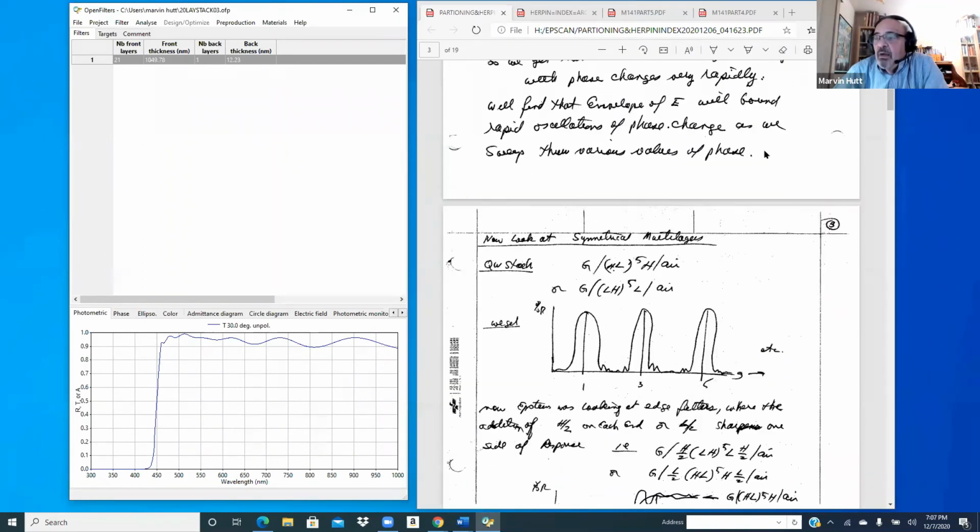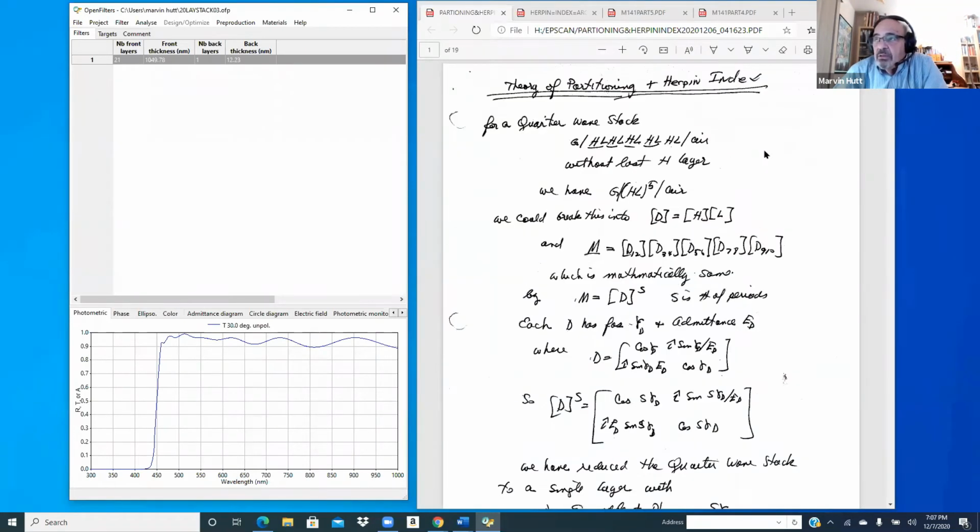I do consult for a very large optical coating company called Spectrum Thin Films out on Long Island, and they also have people trained in design. And I ended up showing them these techniques. They are very good at open filters or a similar program. They'll do it a different way, which I will show you.